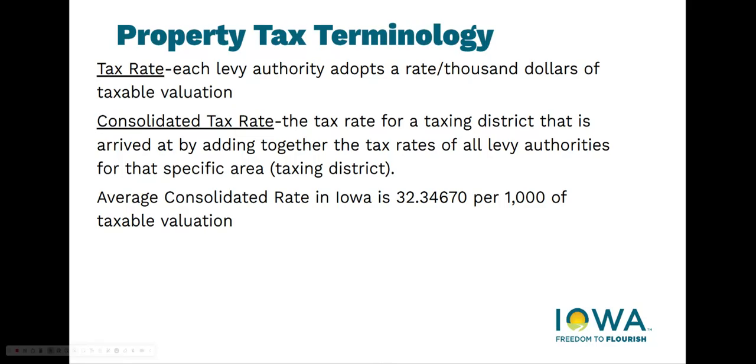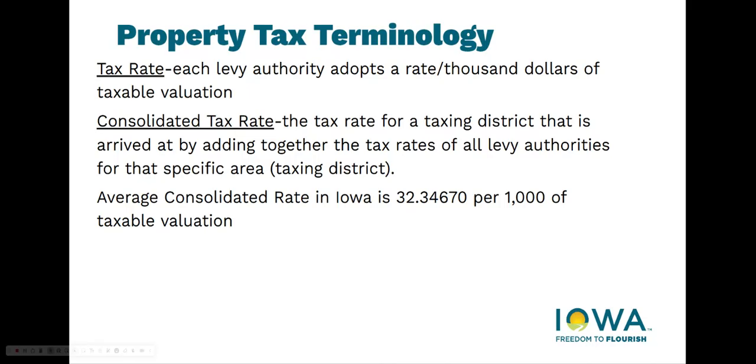Additionally, we also see that there is issued a consolidated tax rate, and that is the amount that's arrived at by adding together the tax rates of all levy authorities for a specific geographic area. So, for instance, wherever an individual may reside or own property, they're located within a taxing district.